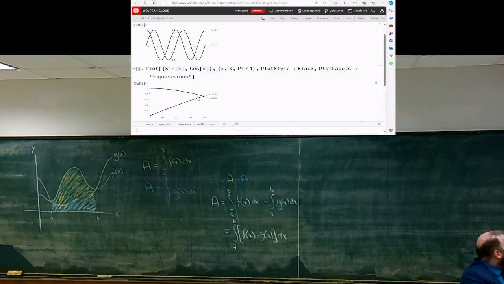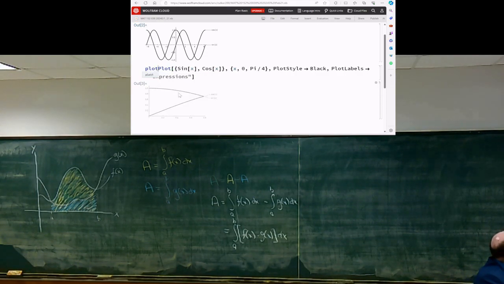Right, so this is the area. I can make it a little more obvious. This is what I'm now going to call this area, and I'm going to fill it.